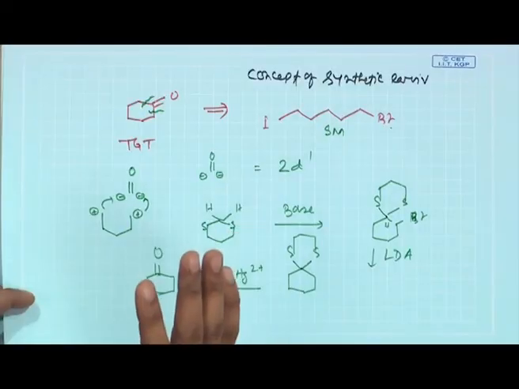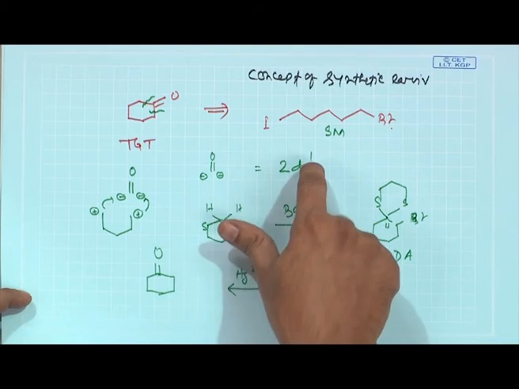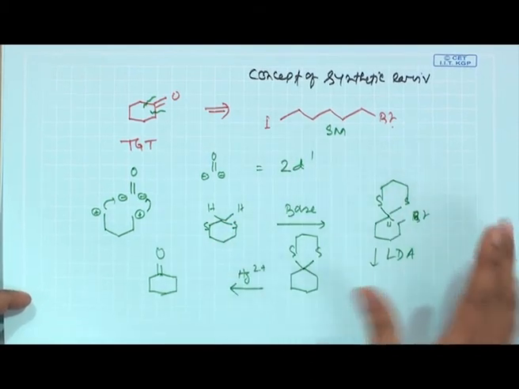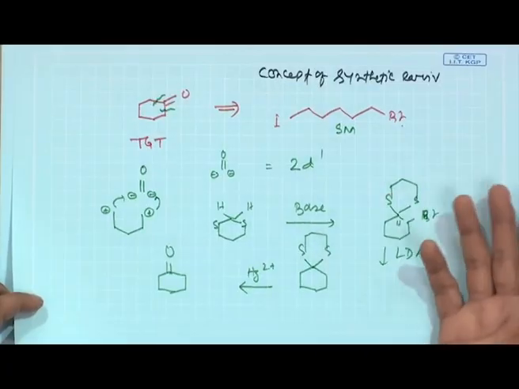Synthetic equivalents like this formyl anion, which can serve as a D1 species as well as a 2D1 species, are very useful and very popular, and we will mainly focus on these dithiane synthetic equivalents in our next couple of lectures, where we talk about the functional group based strategies. So, till then, goodbye, have a good time.